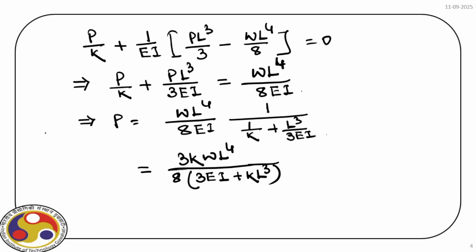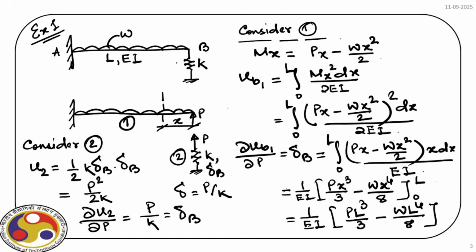So that is the reaction we have when the free end B is supported by this spring whose constant is K. So again, in this case, you see how we can use the theorem of Castigliano to solve the problem, right?